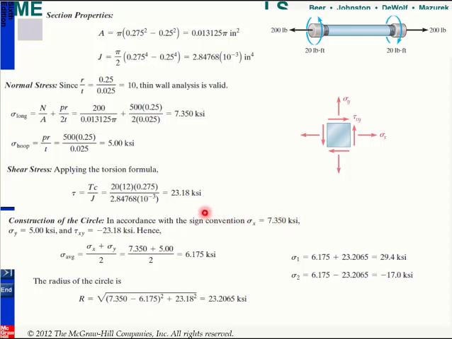Okay, so the important thing here is that in this question it really doesn't matter much whether this shear stress is negative or positive when you find your principal stresses. But for example, if I ask you what the stresses are if you rotate it 30 degrees clockwise or counterclockwise, it might make a difference.